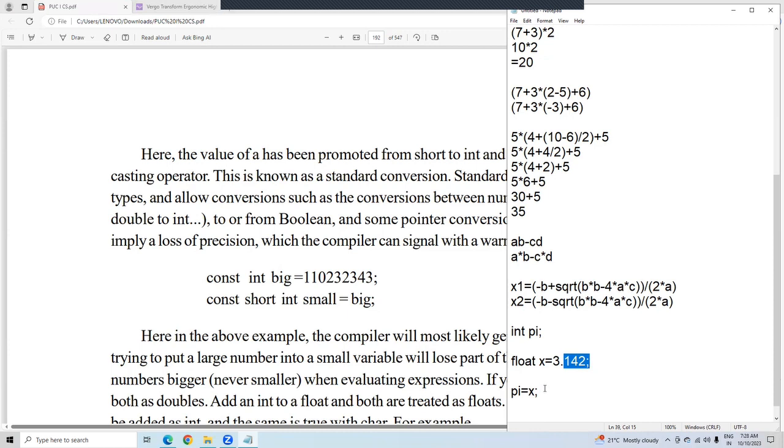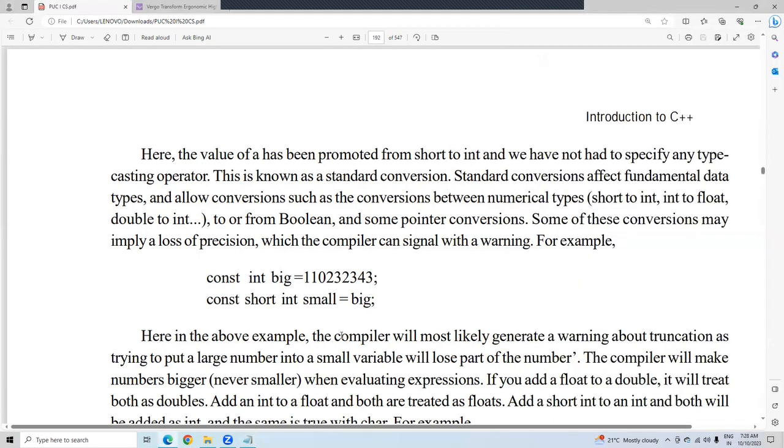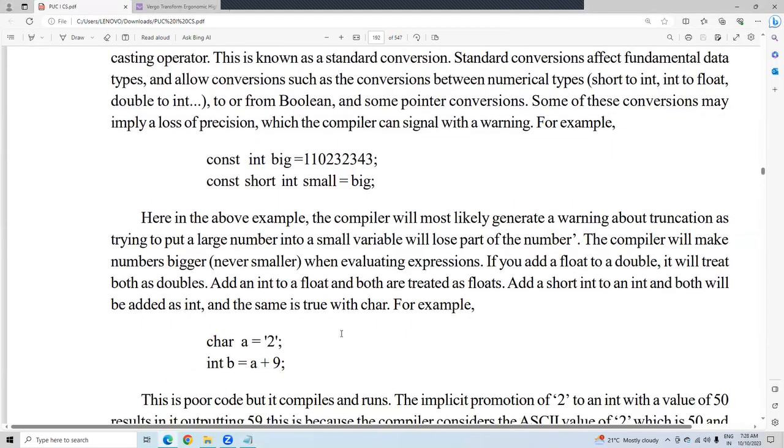So when the x value is getting copied to pi, it will discard or remove this 0.142. Only the value before the point, that is the integer part, will be copied to pi. So there is a loss of precision, right?